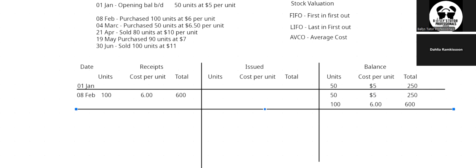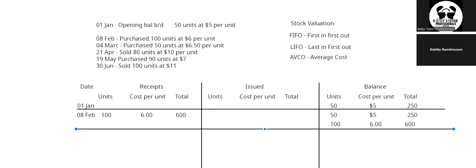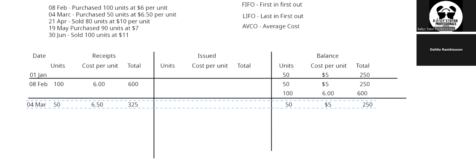Then on the 4th of March, this is when I buy the 50 at $6.50. On the 4th of March, I purchase 50 units at $6.50, which will come up to 325. Now that I purchase even more goods, the value of all my goods now would be the 50 I had before at $5, the 100 I bought second, and I just bought 50 more that were 325.